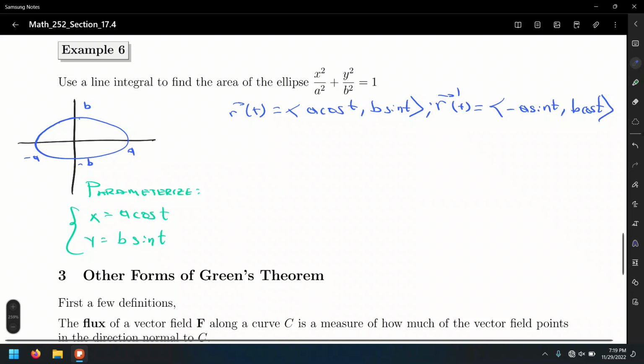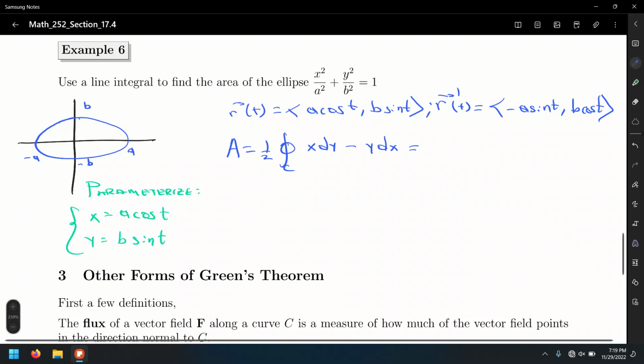In this case, what do we need? The area, by means of a line integral, is 1/2 the cyclic integral over c of x dy minus y dx.